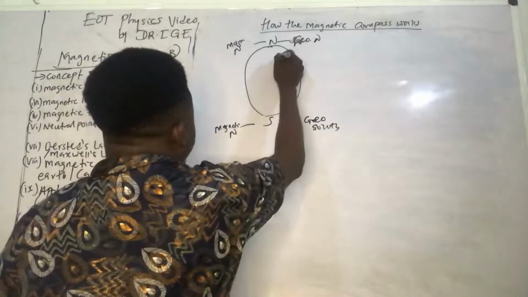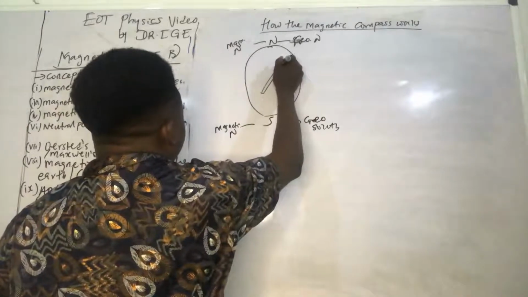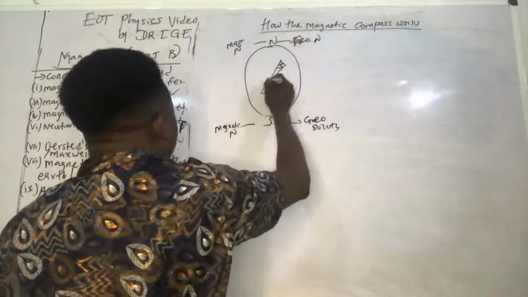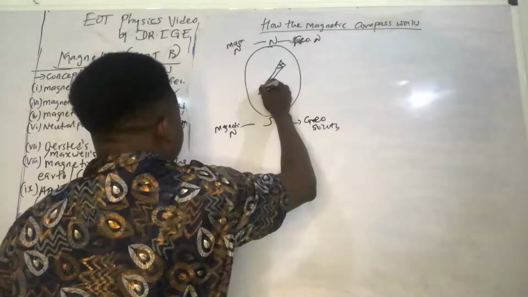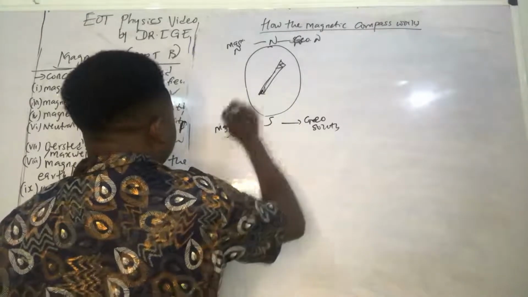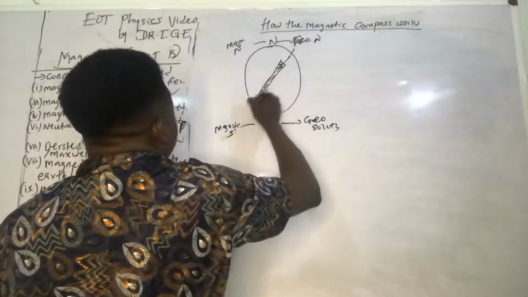So imagine that a bar magnet is pointing somewhere like this. Remember, this will be the south because the south pole of the bar magnet is towards the magnetic north, and this is the north pole towards the magnetic south.